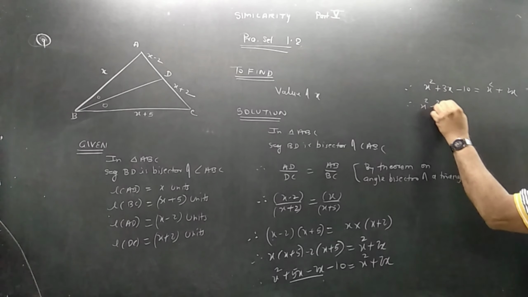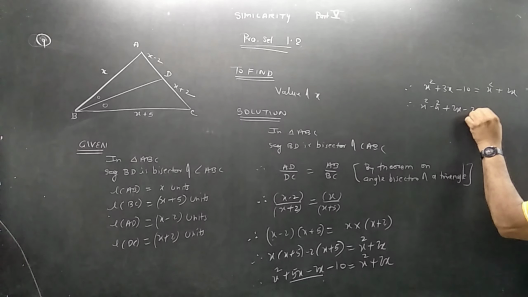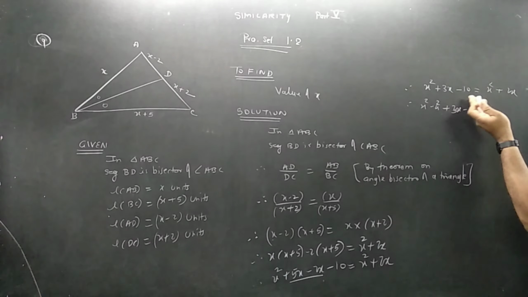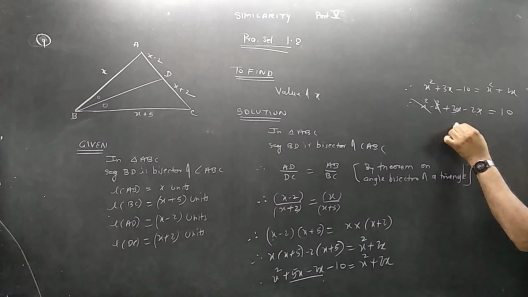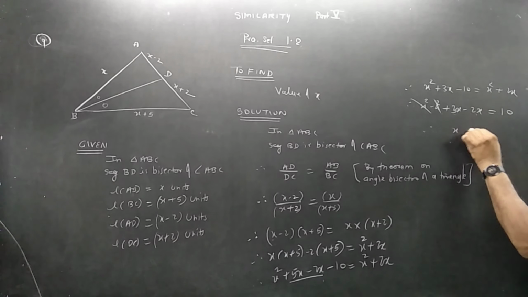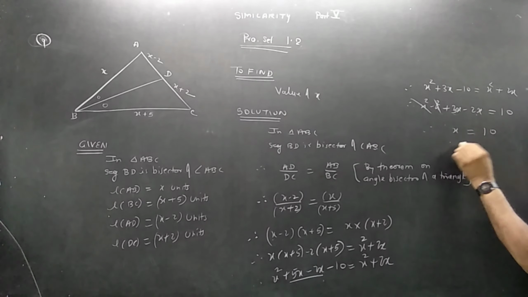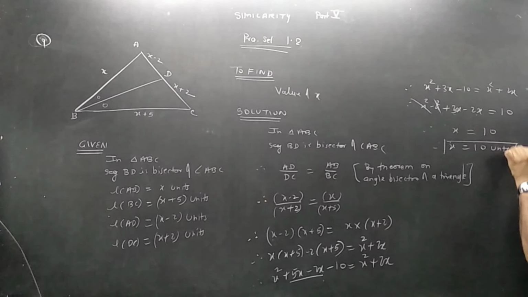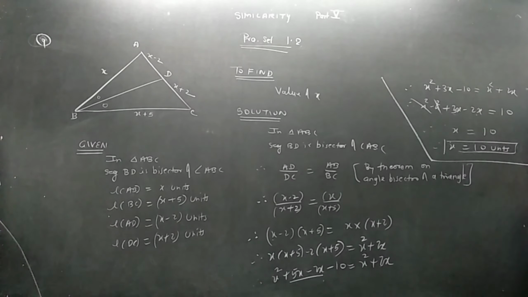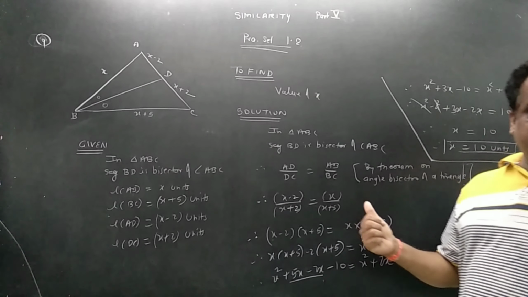So x square minus x square, 3x minus 2x, and if I transfer 10 on that side, it becomes plus 10. So x square gets cancelled. 3x minus 2x becomes x, and x is equal to 10. Therefore, x is equal to 10 units is the final answer.